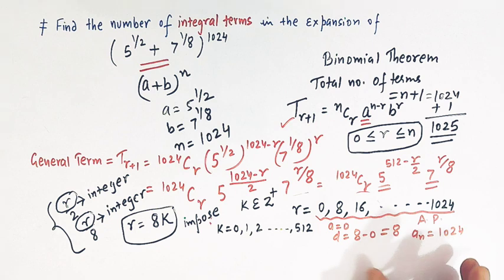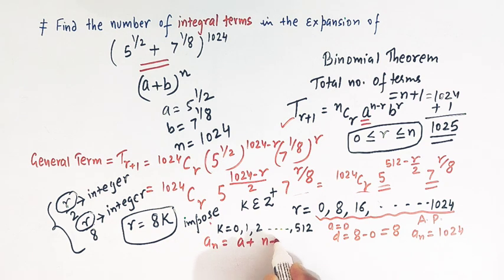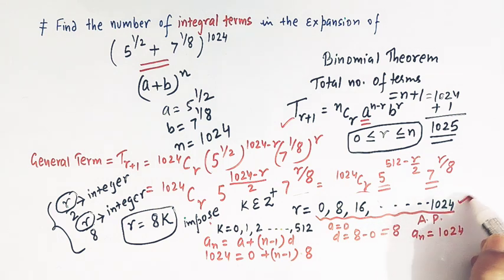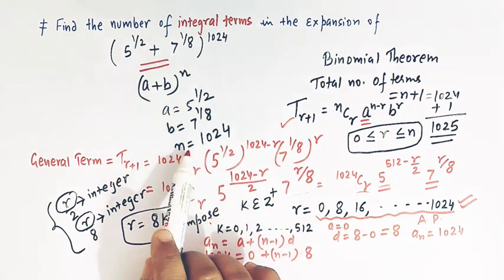Now we'll apply the formula for the nth term of an arithmetic progression: a n is a plus n minus 1 times d. So a n is 1024, a is 0, and d is 8, where n is the total number of terms in this arithmetic progression. So this n is different from the earlier n.